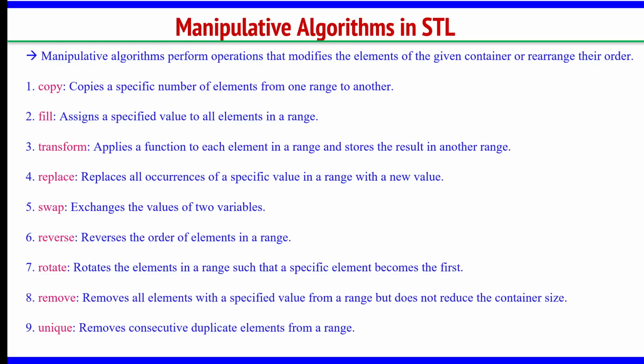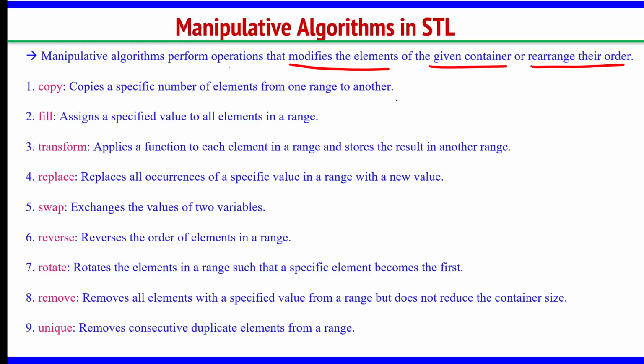Let us see the manipulative algorithms. Manipulative algorithms perform operations that modify the elements of the given container or rearrange their order. Means they go to the memory location of that variable or the container, they change the locations of the values, or they do some modifications in the data present in the containers.